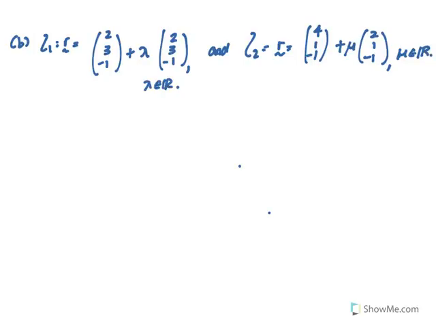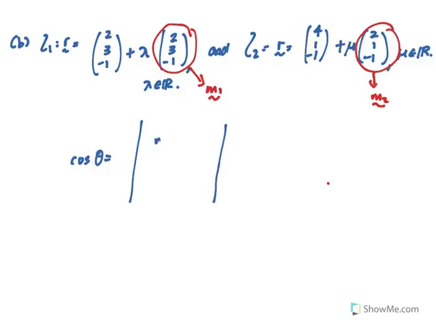With that, what we do now is very simple. We can see this is our M1 and this is our M2, the M1 and M2 we use in the formula. So cos theta equals M1 dot M2 over magnitude of M1 times magnitude of M2.